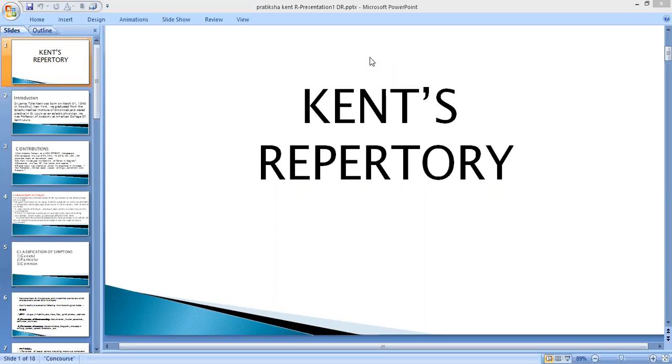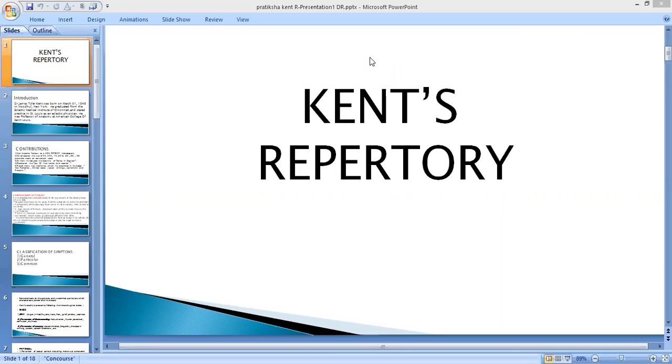All the 37 chapters in this repertory are arranged according to the Hahnemannian scheme, according to the anatomical division of the body from head to foot. The first section in this repertory is mind, as Dr. Kent gave importance to mental symptoms. The first chapter is mind, and the last chapter is generalities.